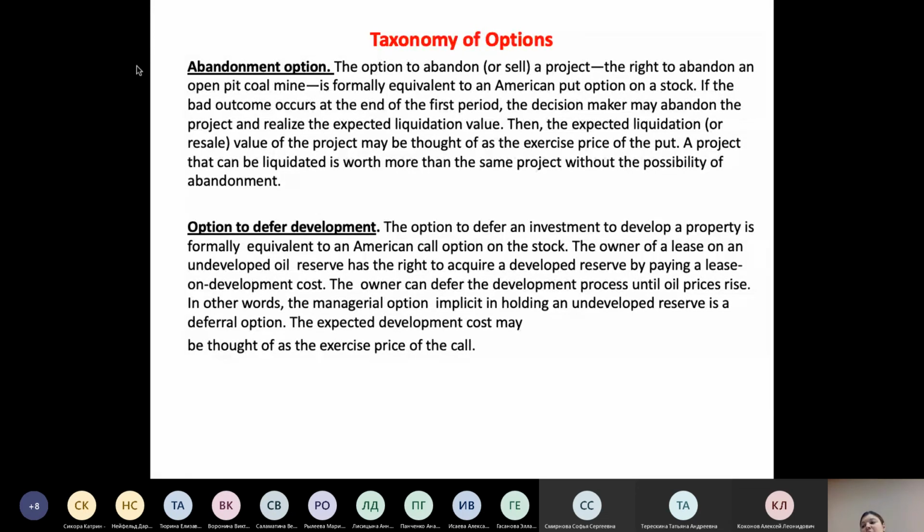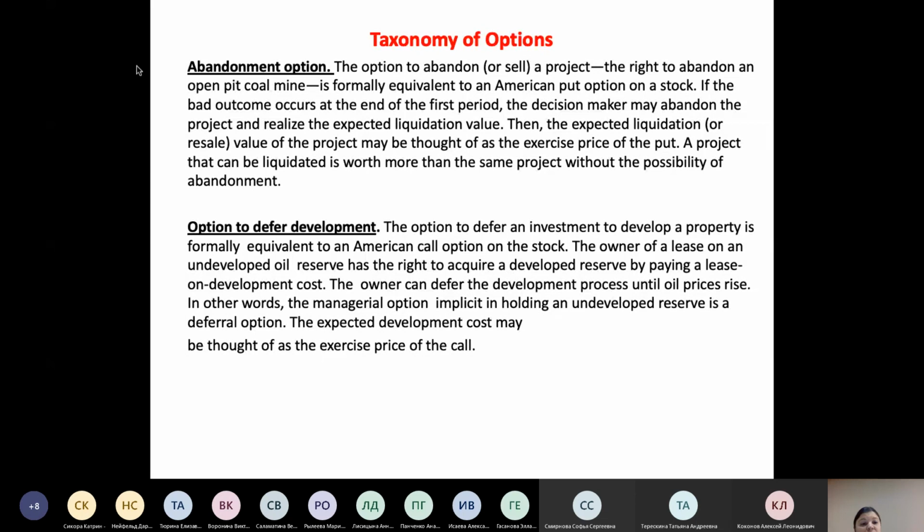For example, if we define the conditions which can influence the result of your project, perhaps risks, perhaps different external conditions such as oil prices, government, inflation rate, currency exchange rate, and so on, the owner can defer the development process until oil prices rise, for example.